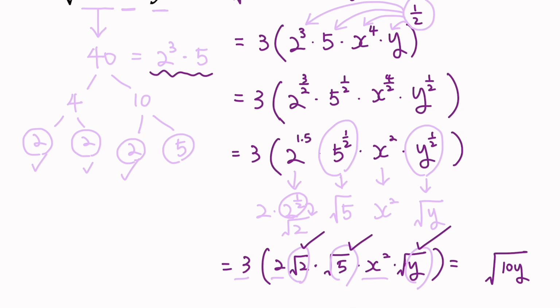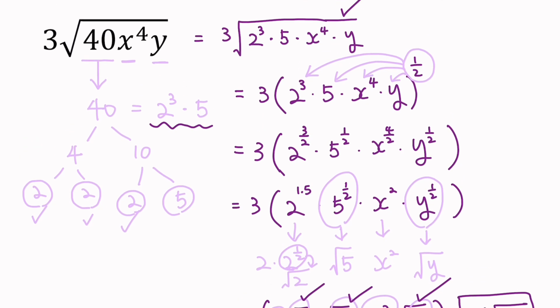I will have 2x squared multiplied by 3, so the number in front will be equal to 6x squared. So 6x squared times the square root of 10y will be our final answer for this question.